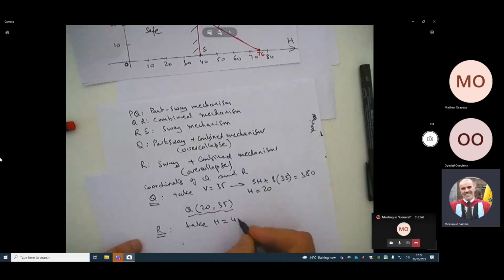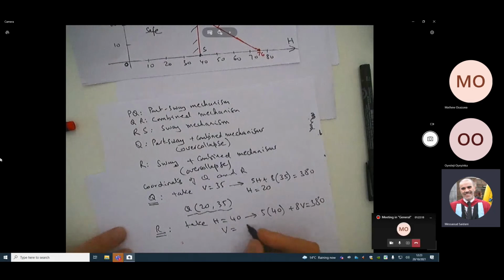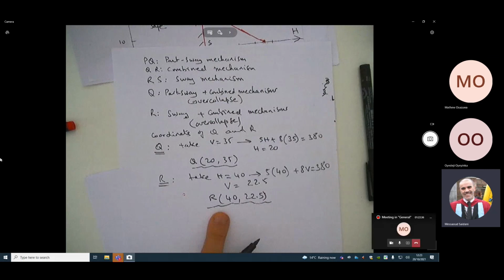So you have 5H plus 8V equals 380, which gives V equals 22.5, therefore R is 40 and 22.5. So this load combination, when H is 40 and V is 22.5, will give us an overcollapse where sway and combined happen at the same time.